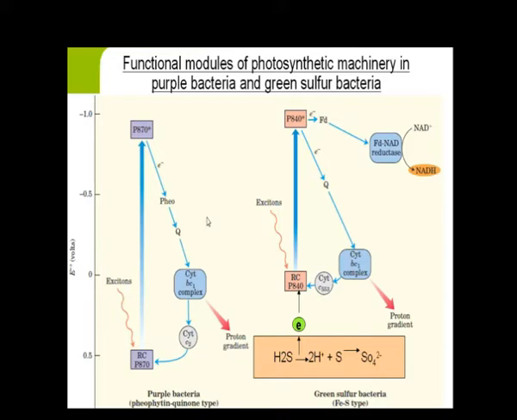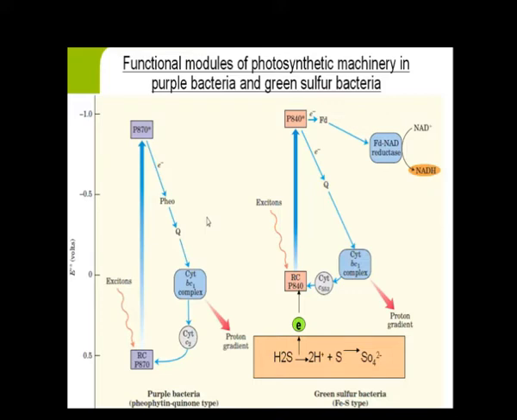Next comes the cytochrome BC1 complex, cytochrome C2, and it comes back to the reaction center. This is a cyclic process. We'll see later that cytochrome BC1 forms a proton gradient due to which ATP is generated.